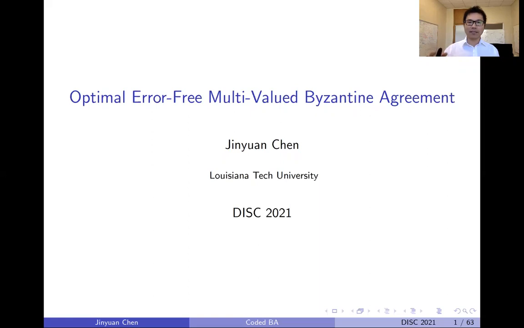What I'm going to talk about focuses on solving an open problem of Byzantine agreement by using tools from coding theory and graph theory.